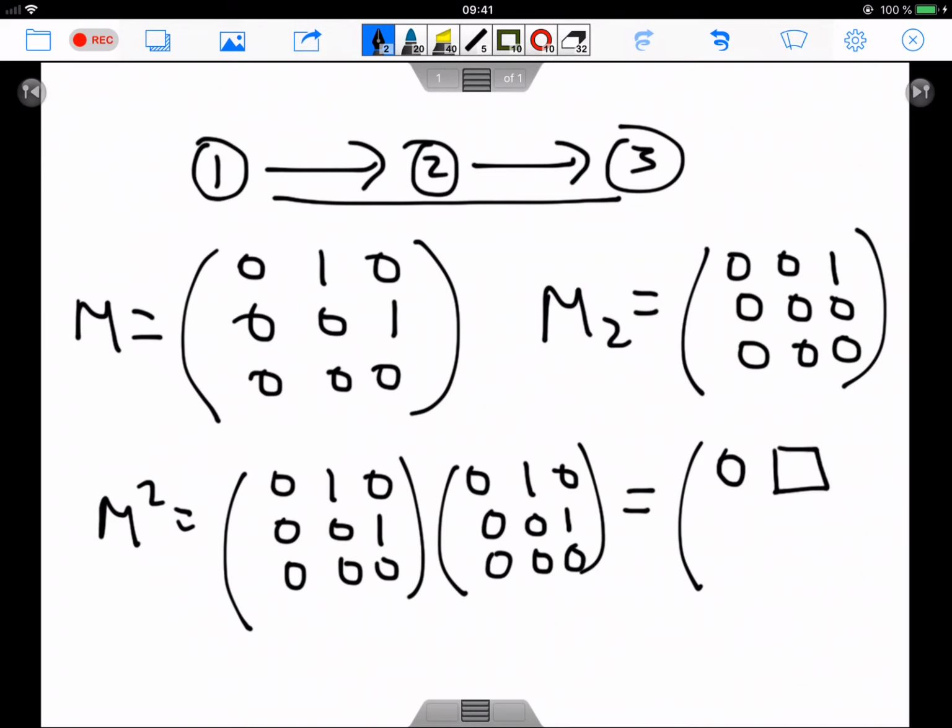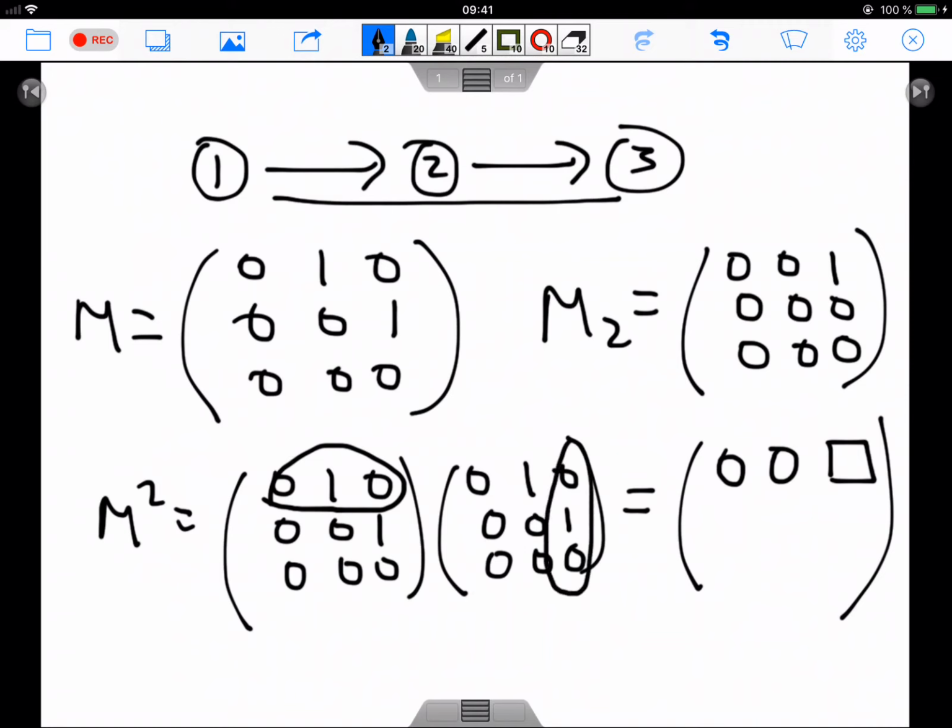The third element is also zero, so I wanted to compute this one. This element comes from multiplying the first row with the third column in the matrix.